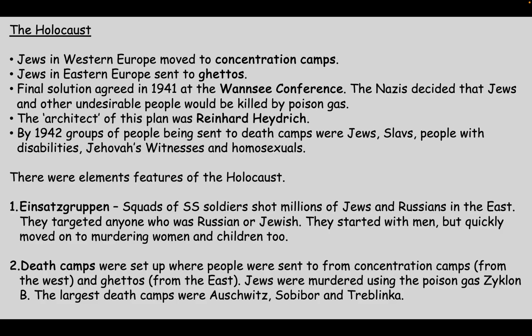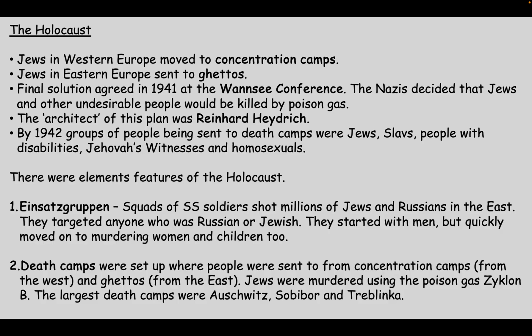But the Holocaust isn't just about death camps murdering people. There was a group called the Einsatzgruppen. Now, the Einsatzgruppen were elite squads of SS soldiers, and they just went round Eastern Europe randomly, going to towns, rounding people up who were Jewish or Russian, and shot them.